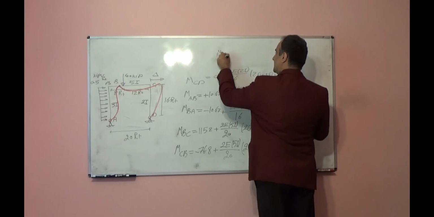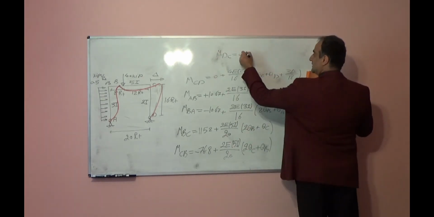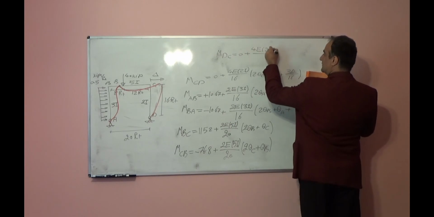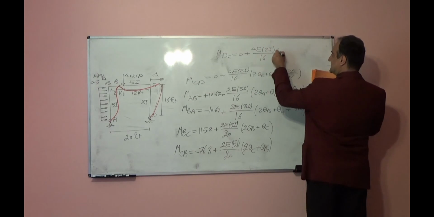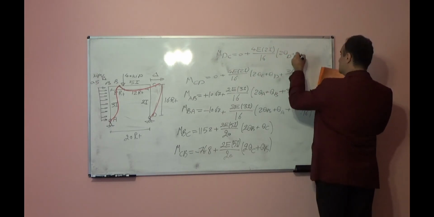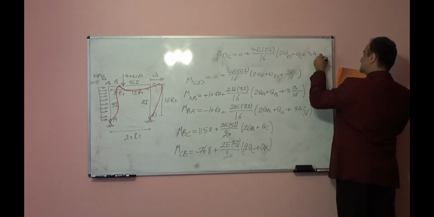And finally M DC, M fixed DC is 0 plus 4E times 2I over 16, 2 theta D plus theta C, minus 3 psi will be positive 3 delta over 16.